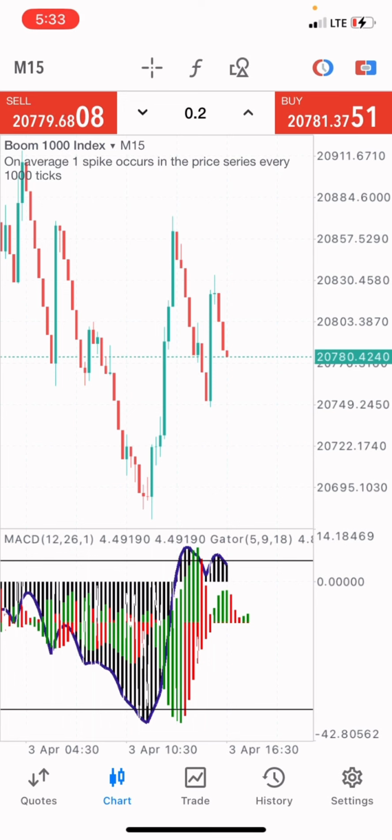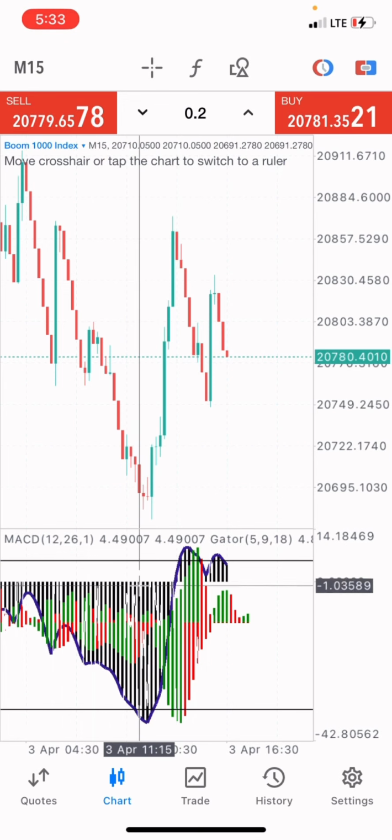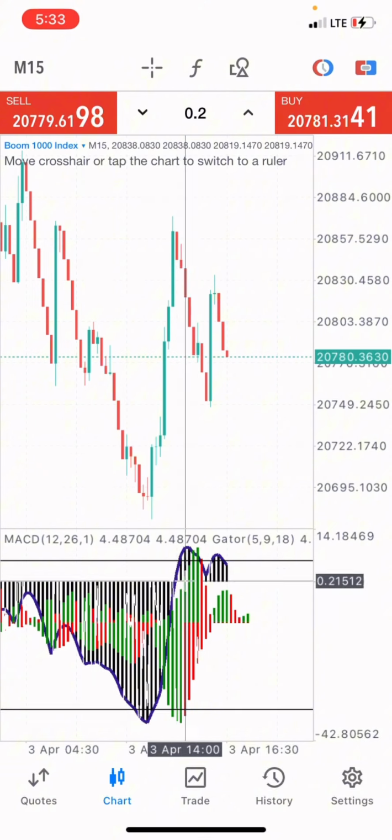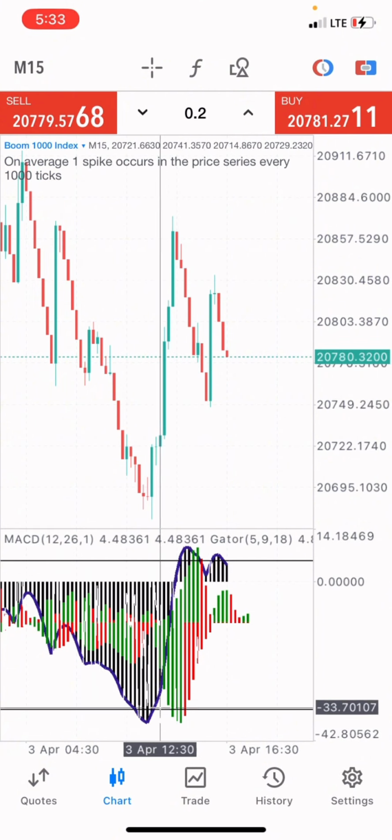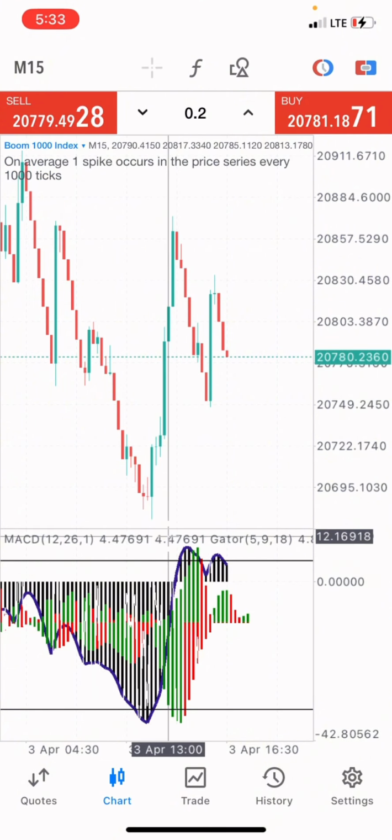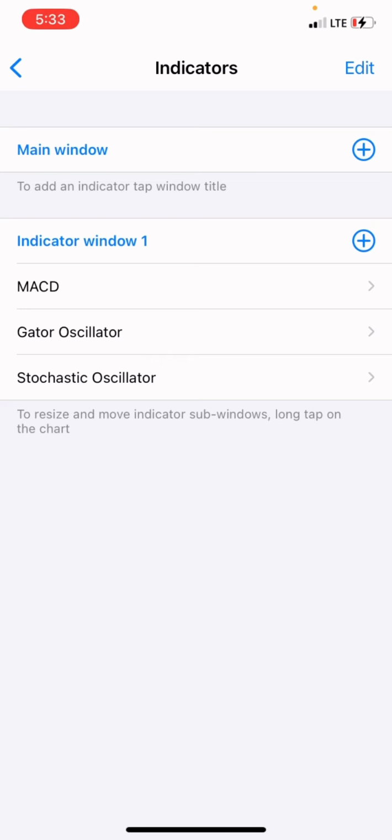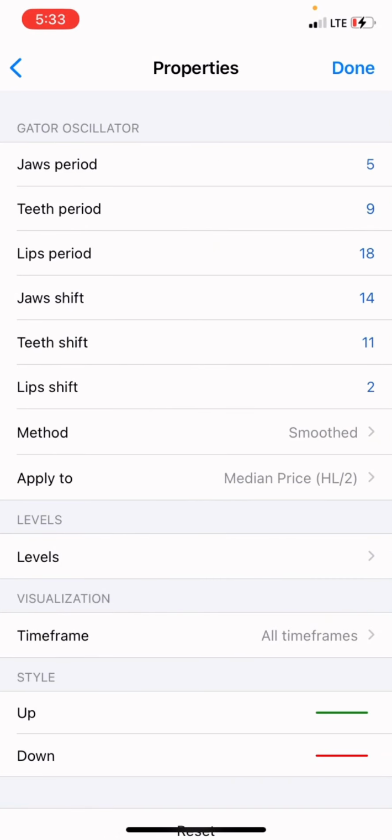You see the black dotted lines and the blue line running across the chart here, the MACD. And then the next one would be your Gator oscillator. Let's add that. Jaw period of 5, teeth period of 9, lips period 18, jaw shift 14, teeth shift 11, lips shift of 2, method smooth.